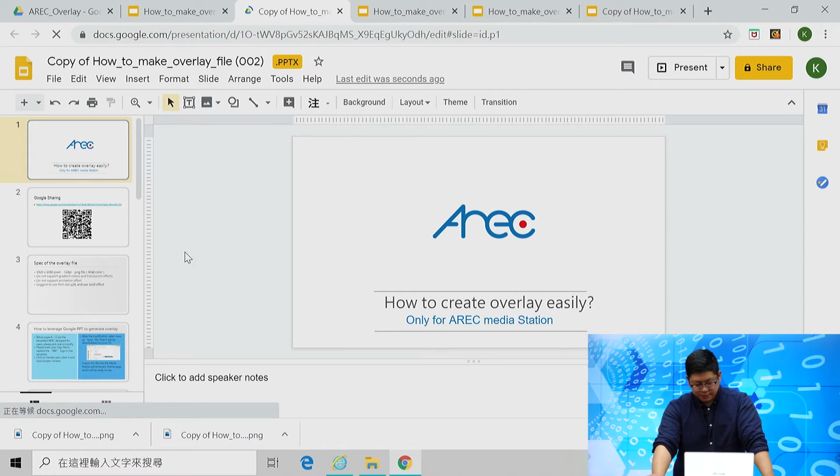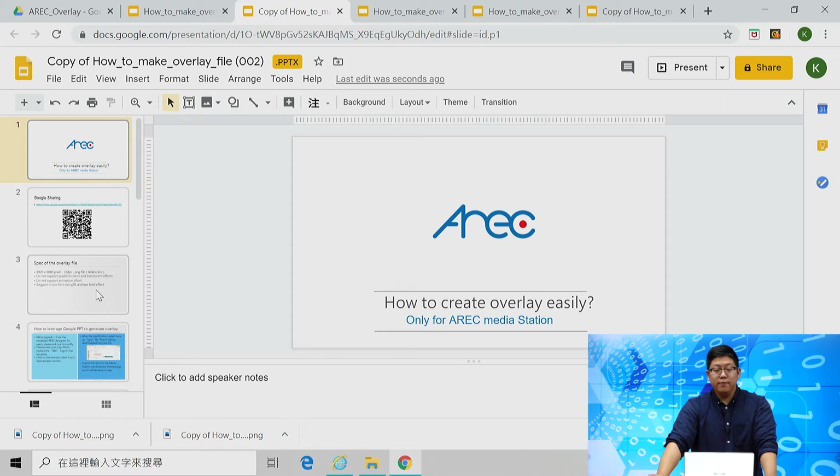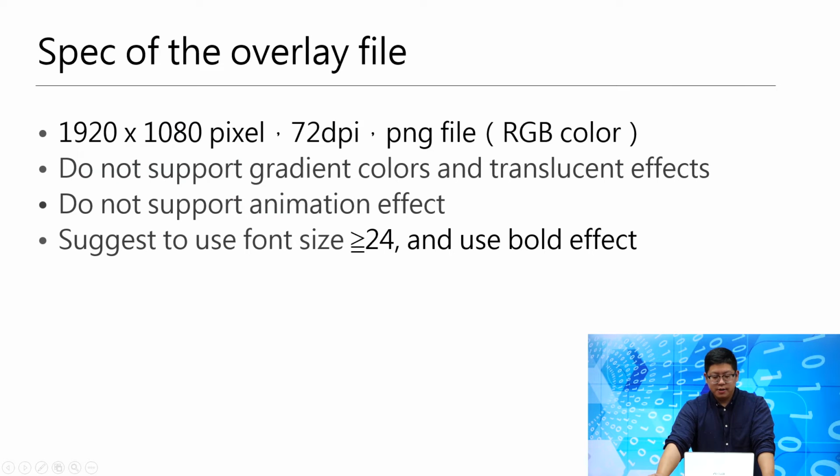After clicking OK, you will have made a copy for yourself, and you can start the design and editing from here. Before we jump into designing our own overlay, here's some information you need to keep in mind. First, your overlay has to be 1920 by 1080 pixels and 72 dpi, and it has to be saved as a PNG file.